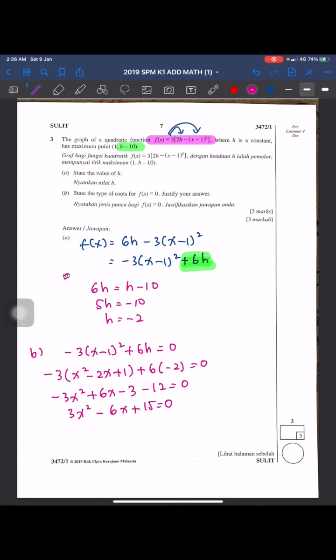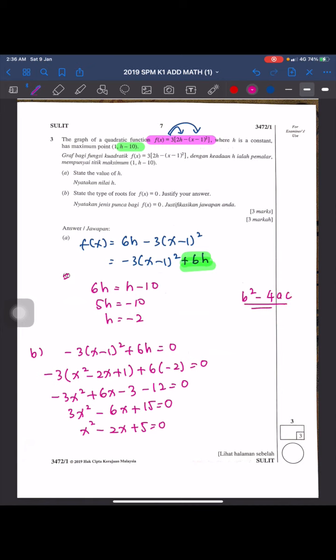So boleh simplify lagi tak? Boleh, bahagi 3. So divide by 3, so we will get x square minus 2x plus 5. Since question nak state the type of roots, so kita kena check kita punya discriminant, b square minus 4ac.